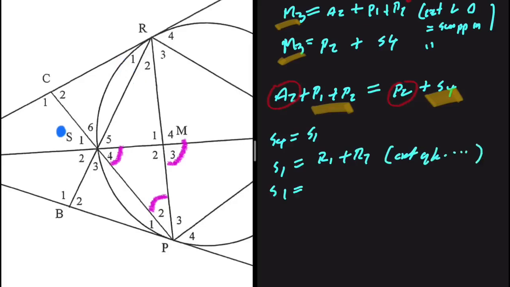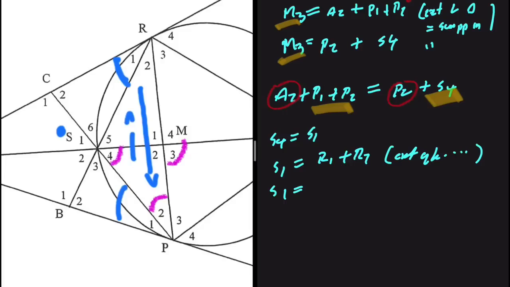Because of the tan chord theorem, let's take a look at R1. R1 is equal to P2 because of the tan chord theorem, right? And then still, because of the tan chord theorem, P1 is equal to R2.